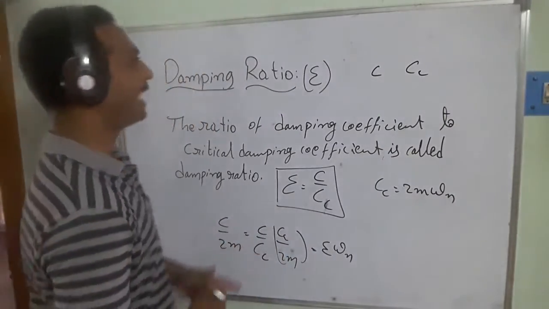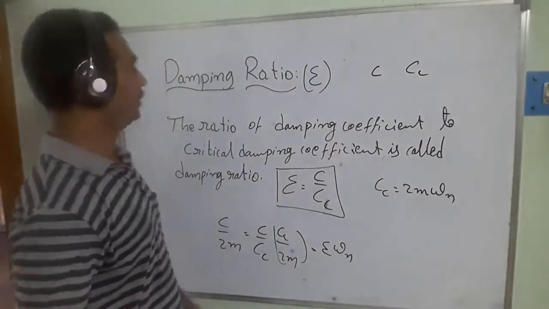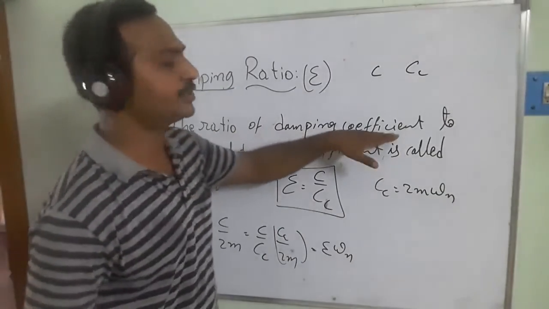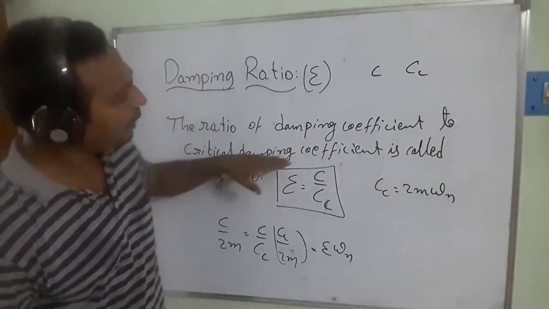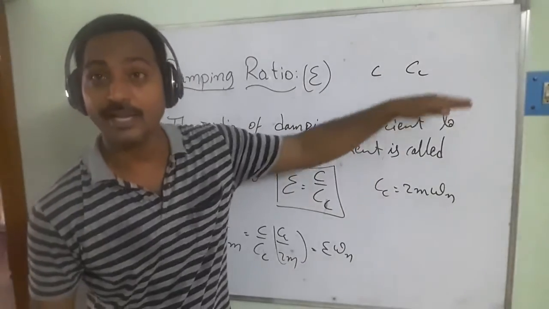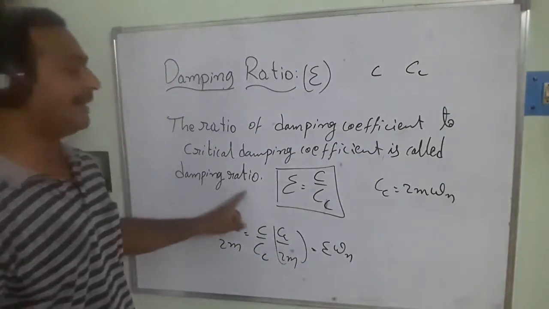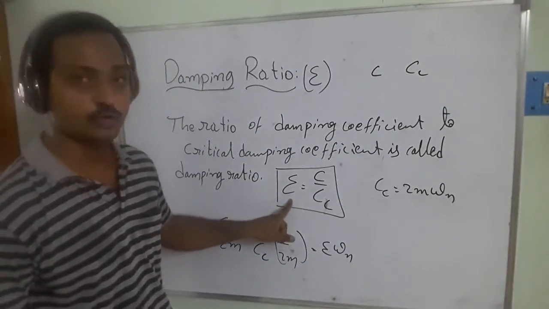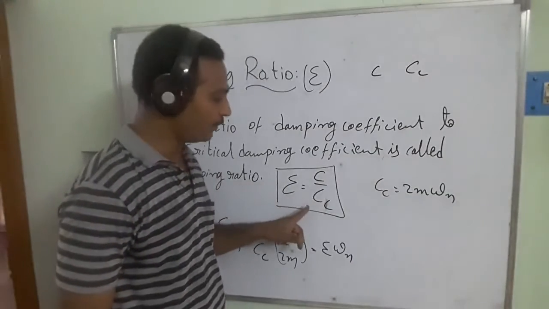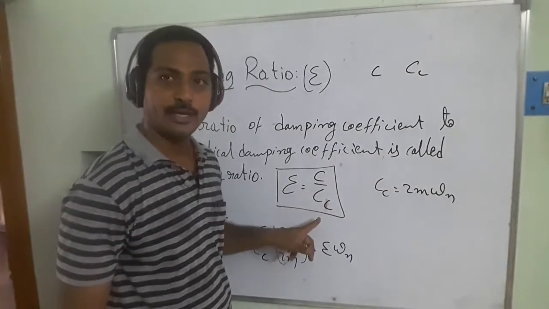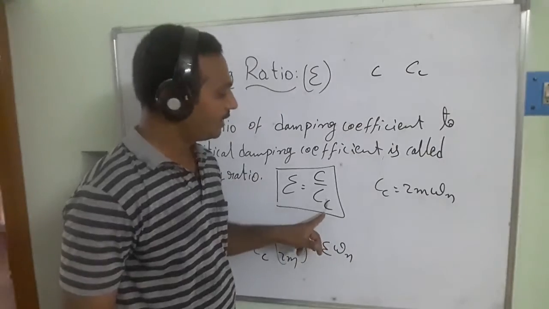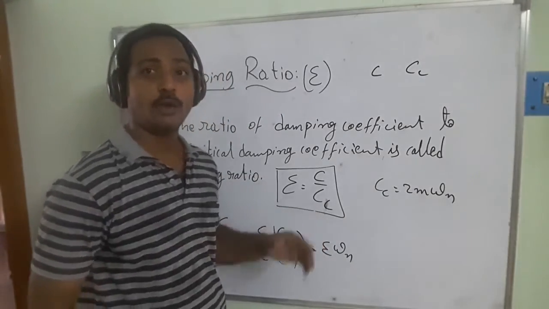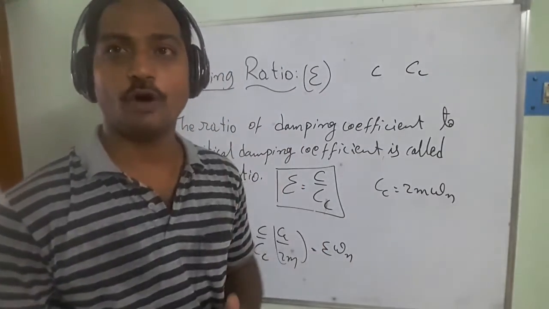I take the ratio of these two. The ratio of the damping coefficient to the critical damping coefficient of the vibrating damped system is called the damping ratio. Mathematically, epsilon is equal to c by cc.